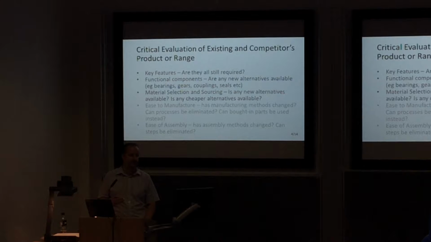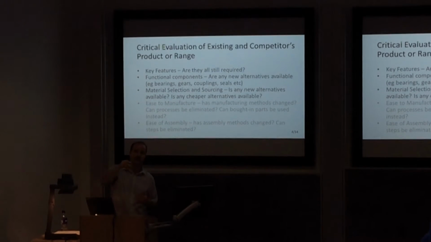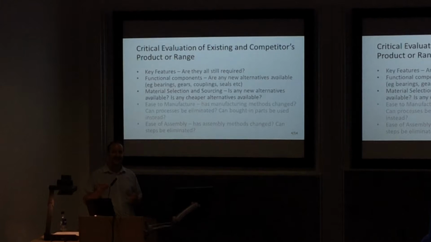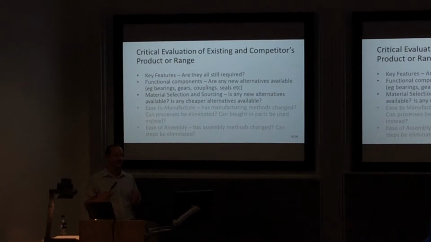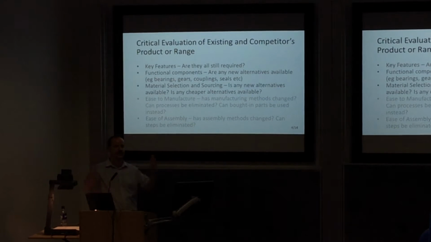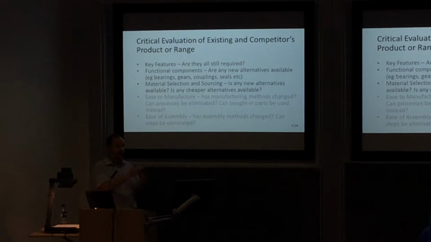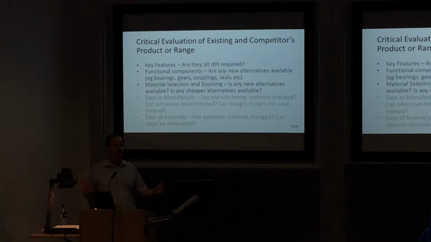Look at materials. Sourcing as well. The past 20 years, when I originally studied mechanical design engineering here, and by the way, he was my lecturer, Green, when I was studying in here, we would buy everything locally. You didn't have this massive global village that we have now. So we would look around Glasgow, we would look around the west of Scotland to see where to get materials.